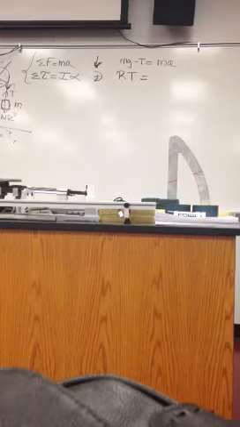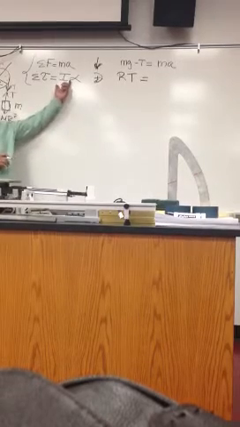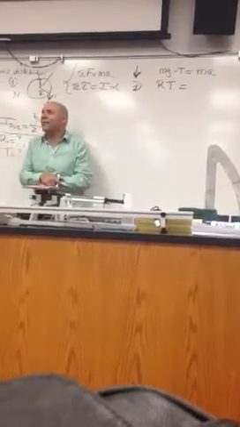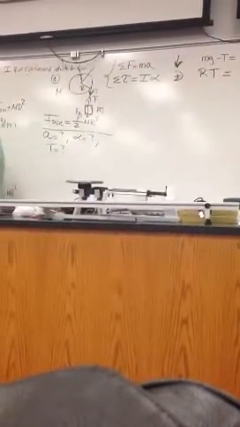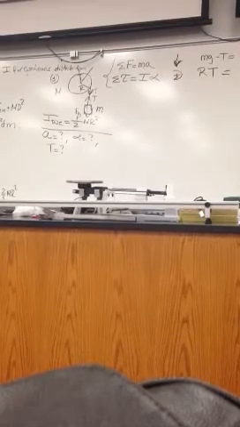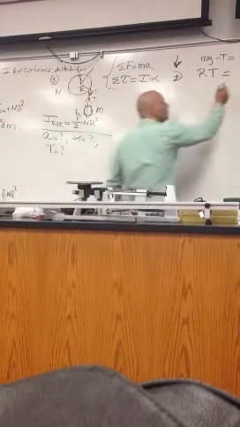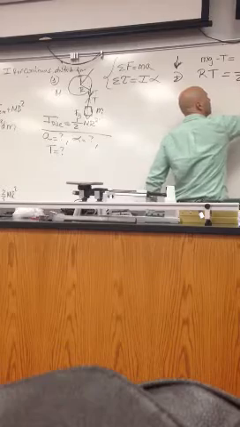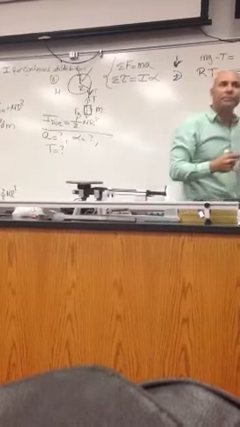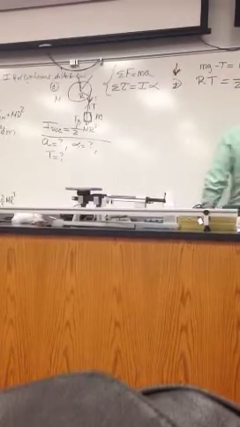On the other side, I have I alpha. What is I for the disk? Let's assume that the pulley is a disk. 1/2 MR squared, times alpha.